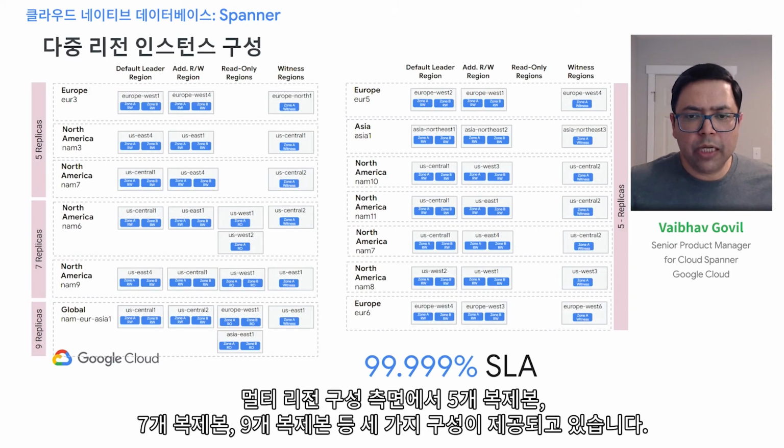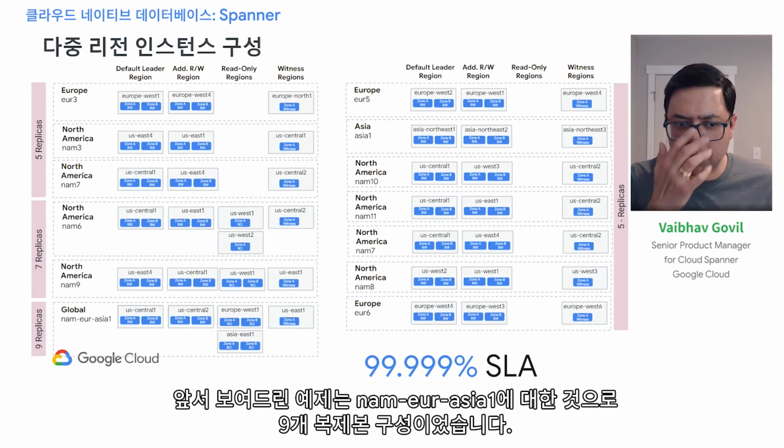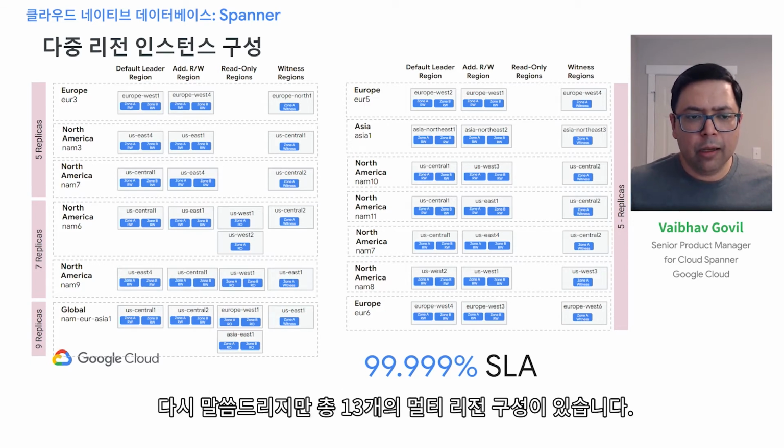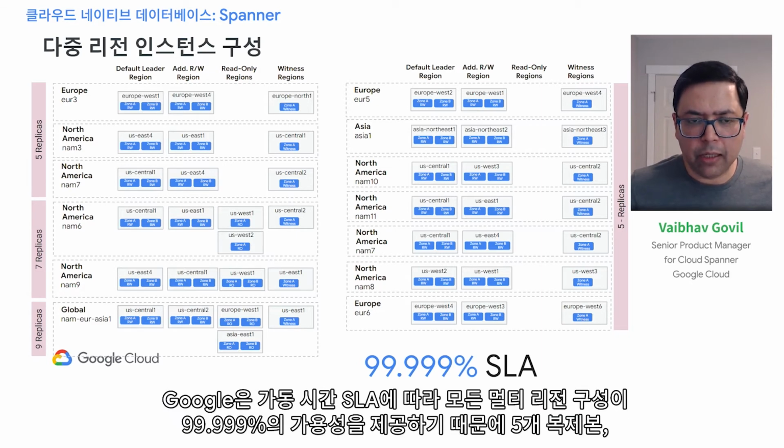In terms of multi-regional configurations, we have 3 flavors of multi-region: 5 replica configuration, 7 replica, and 9 replica configuration. The example which I earlier showed was about NAM-EUR-Asia 1, the 9 replica configuration. Again, there are 13 total multi-regions. We offer a 99.999% uptime SLA.